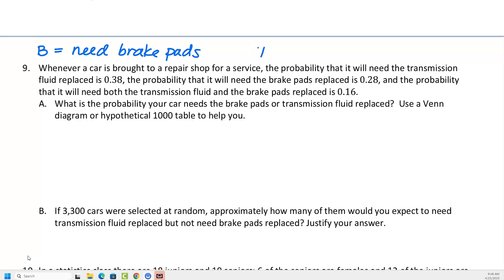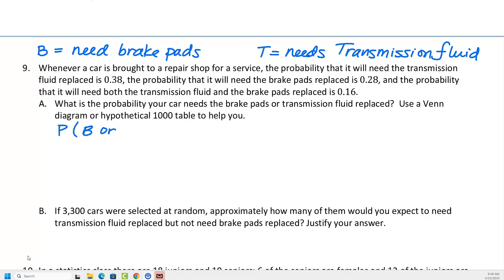And then can I let T be equal to needs transmission fluid? So it says, what's the probability your car needs brake pads or transmission fluid replaced? So that's probability of B or T. Do you guys all agree?